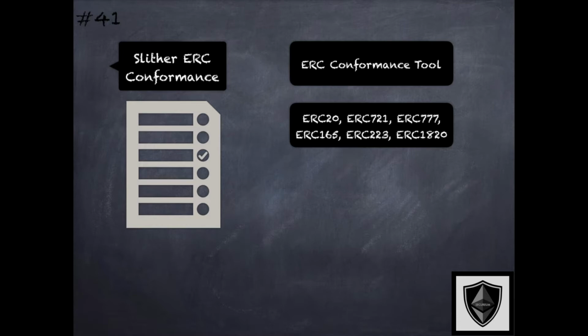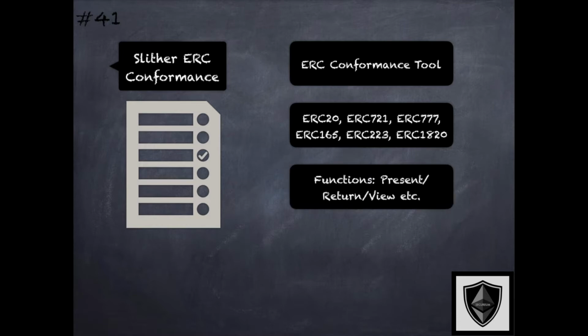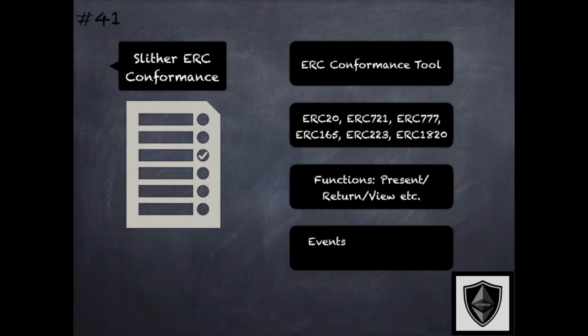Examples of these checks are to see if functions are present, return the correct type, have view mutability, and if events are present, emitted, and parameters of such events are indexed as per the ERC spec. This is again handy for consolidating all ERC specific checks into one single tool.